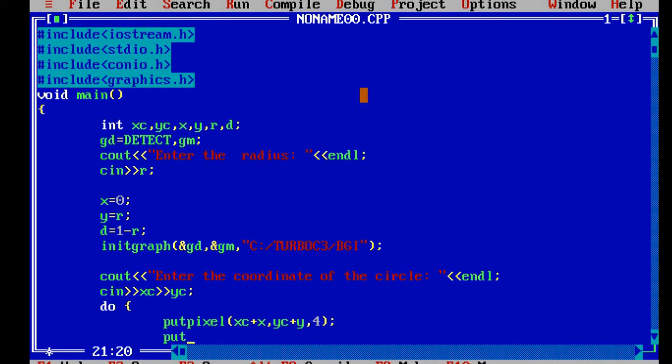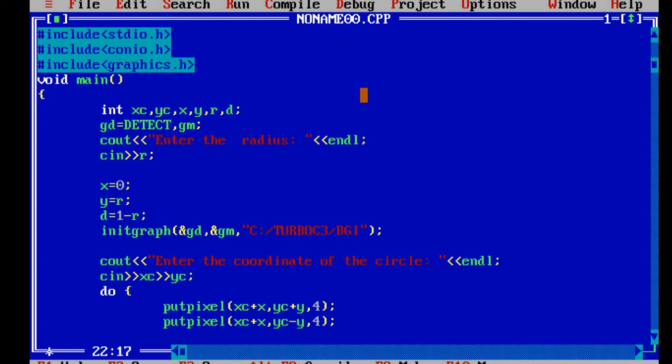Again putpixel xc plus x, comma yc minus y, comma 4. Putpixel xc minus x, comma yc plus y, comma 4.